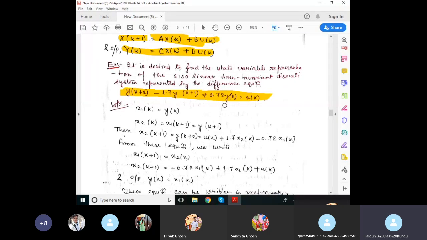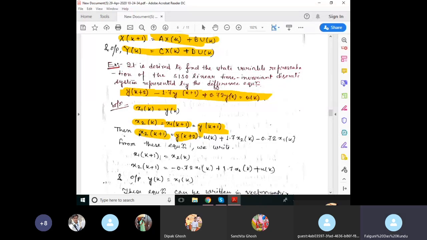Similar to the continuous LTI system, where we take y is equal to x1 and y dot is equal to x1 dot, here we take y of k is equal to x1 of k. Y of k plus 1 is nothing but x of k plus 1, which is x2 of k. And as it is given, y of k plus 2 is equal to x2 of k plus 1.